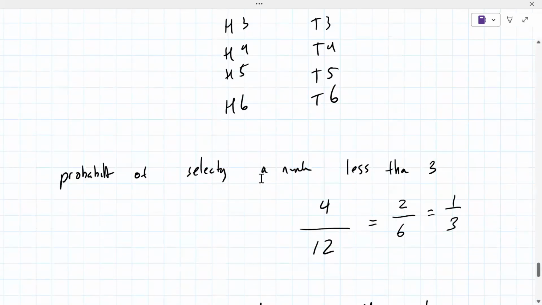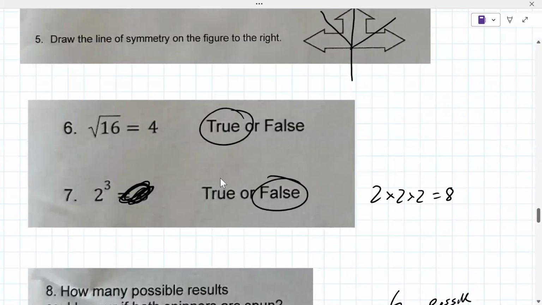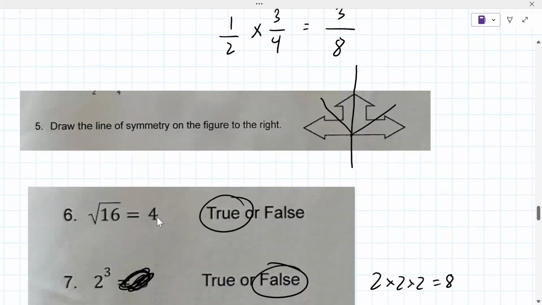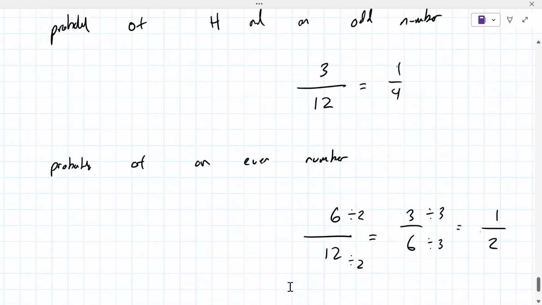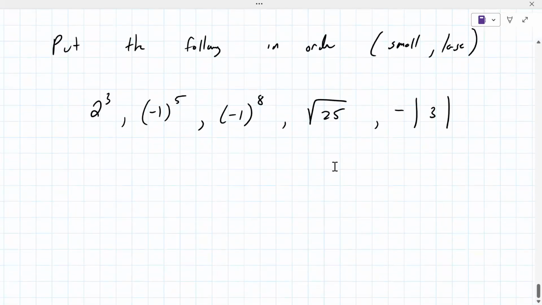We did one earlier. Why was the square root of 16 true? Because 4 times 4 equals 16. So it's what number times itself equals 25.